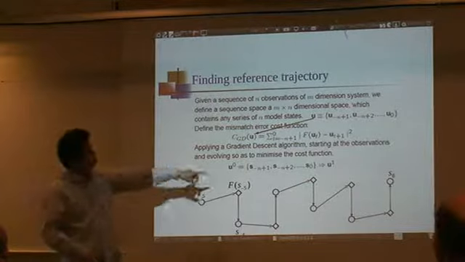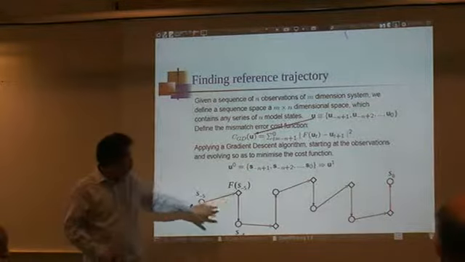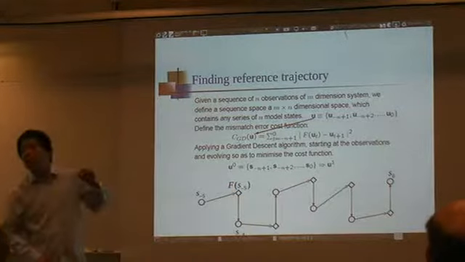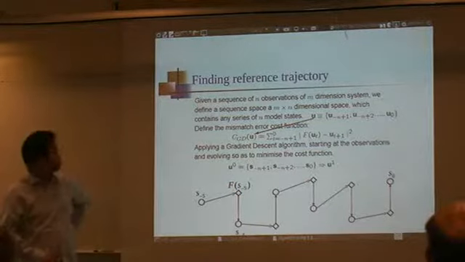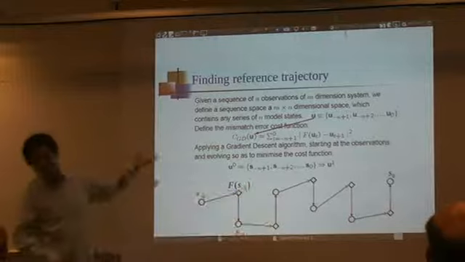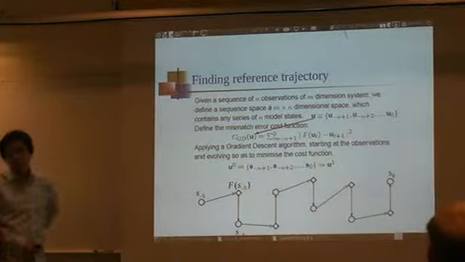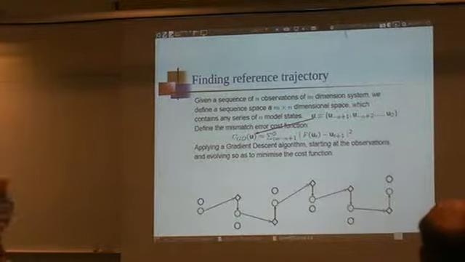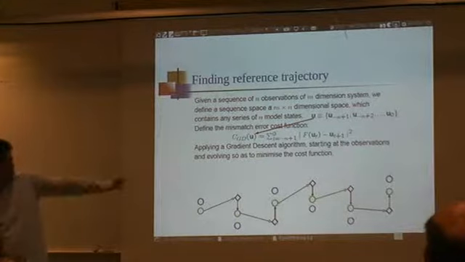At the start, all these red arrows correspond to the mismatch error cost functions. The sum of all these red arrows is the mismatch cost function, which is what we are targeting to minimize in the sequence space. As we iterate the gradient descent, we can see these red arrows all getting smaller.